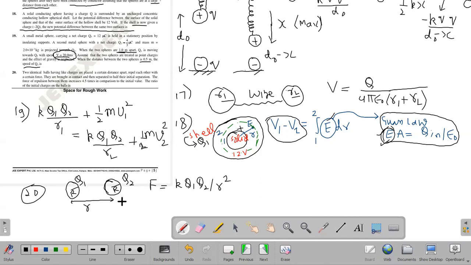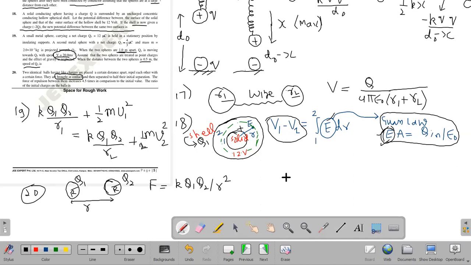Now they are brought in contact. So the two spheres are brought in contact and separated to half their initial value. So what will happen when you bring them in contact? Bringing in contact will redistribute the charge. When the two spheres are brought in contact, the charge redistribution will take place, and because the two spheres are identical, they will redistribute the charge by the same amount.